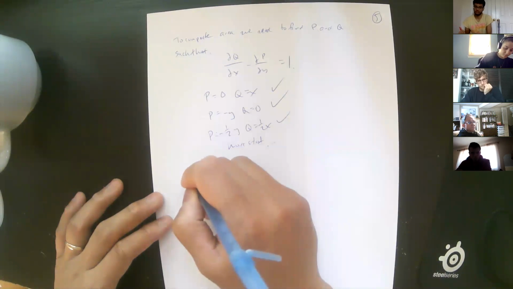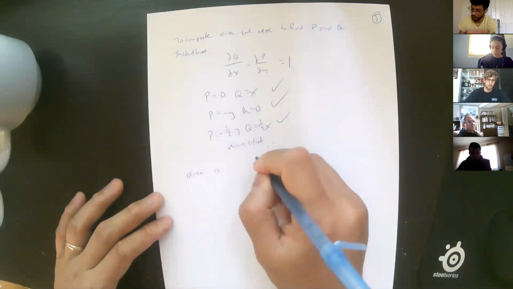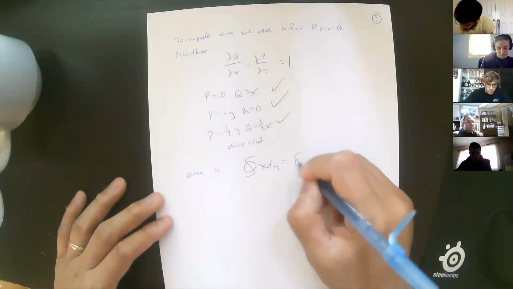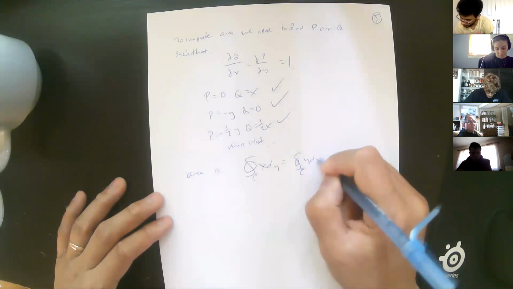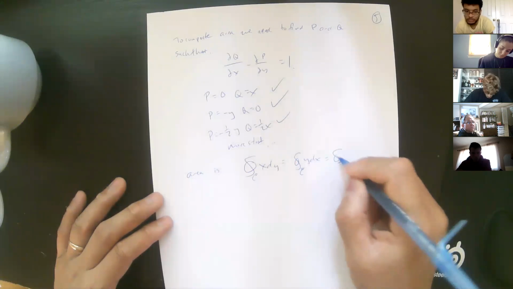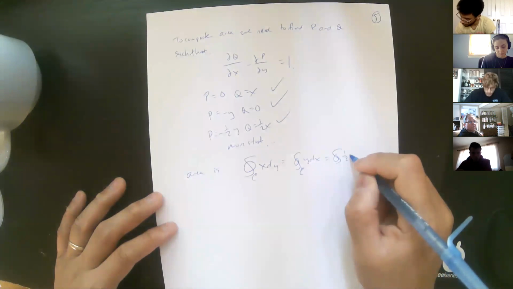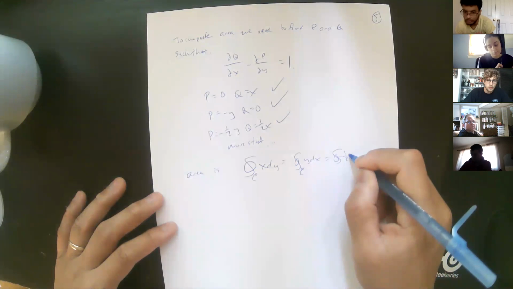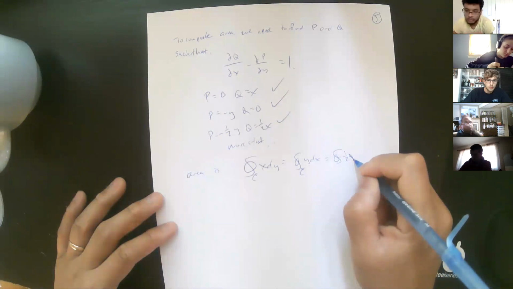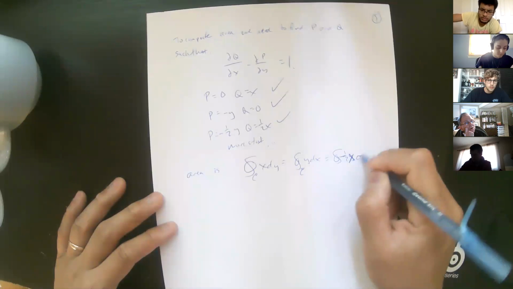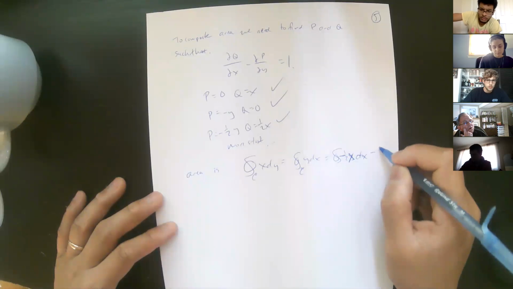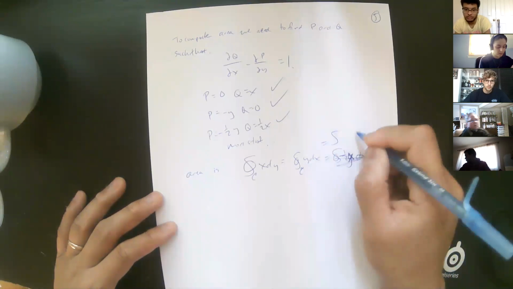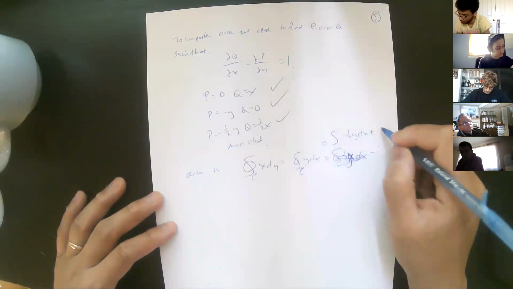Let's write this again. The area is the integral over the closed curve of x dy, which is equal to the integral over this closed curve of minus y dx, which is equal to the integral over this closed curve of minus 1/2 y dx plus 1/2 x dy.